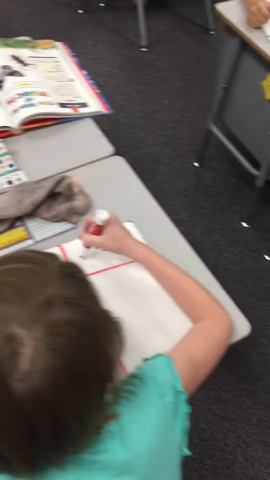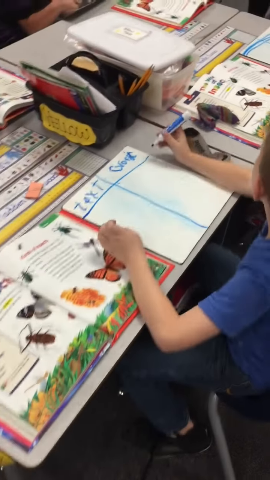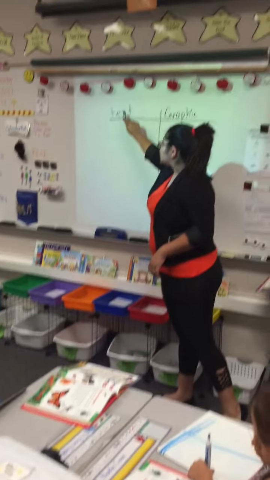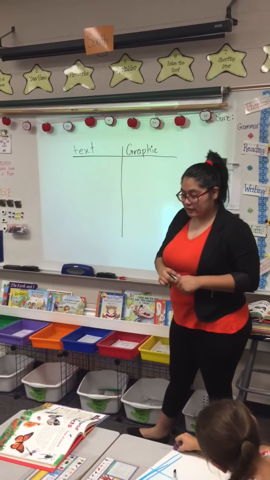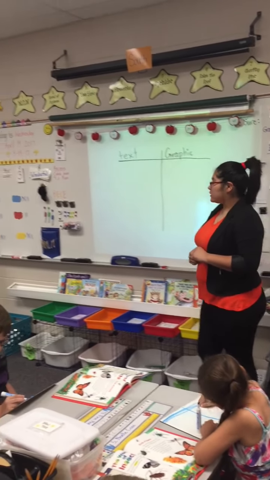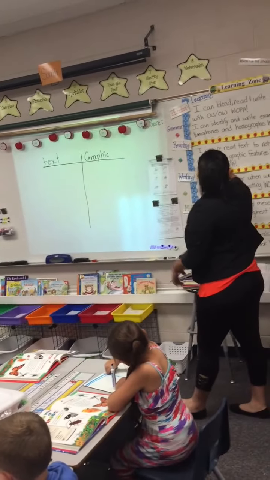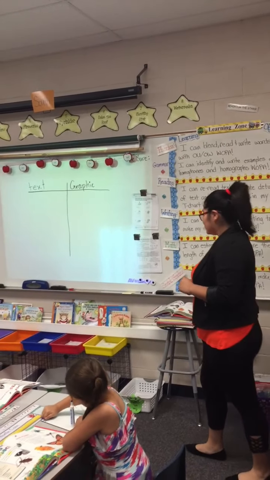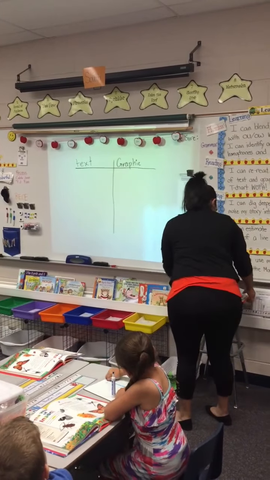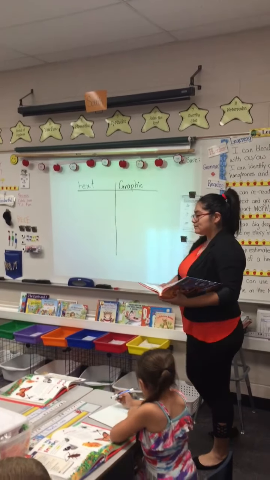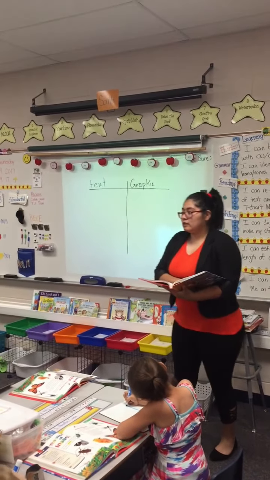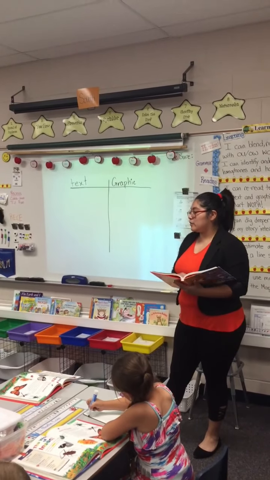Make sure that on one side of your T-chart it says text at the top and the other one says graphic. That's what we're going to be focusing on, just like our objective says, text and graphic features, using our T-chart. Go ahead and give me a thumbs up when you have written that.